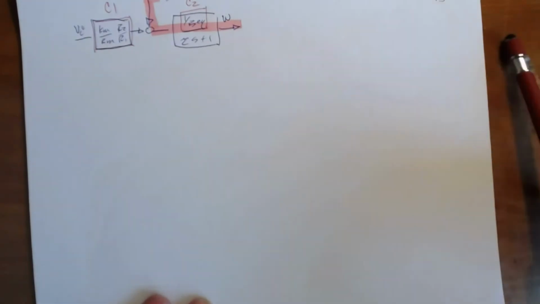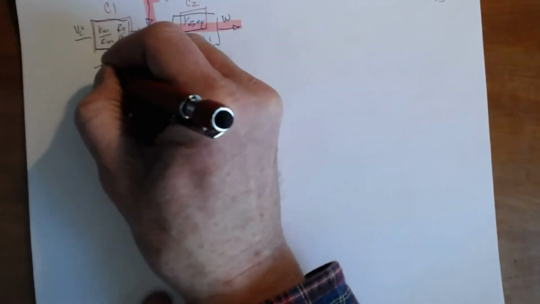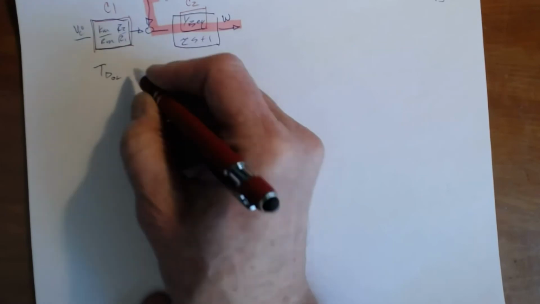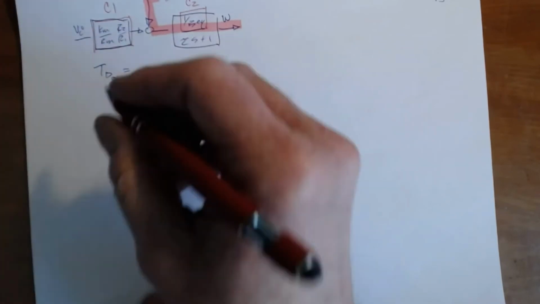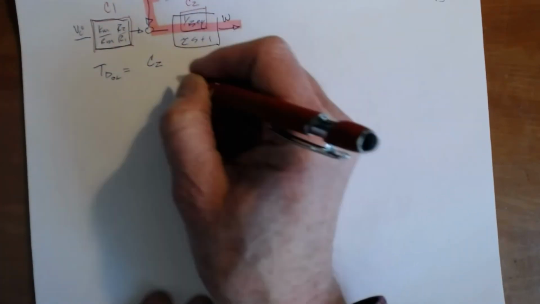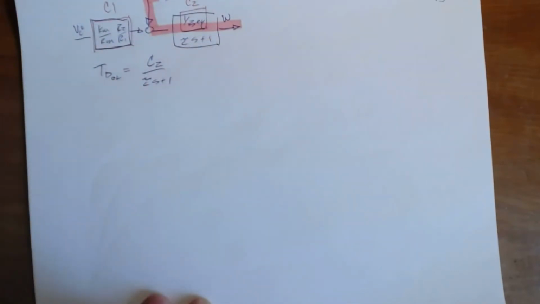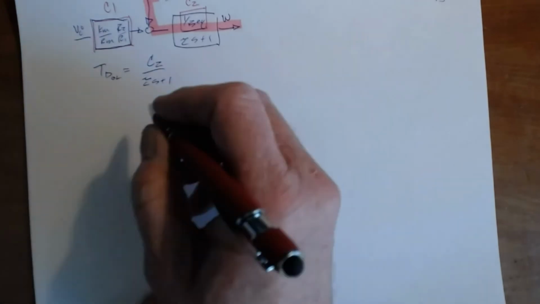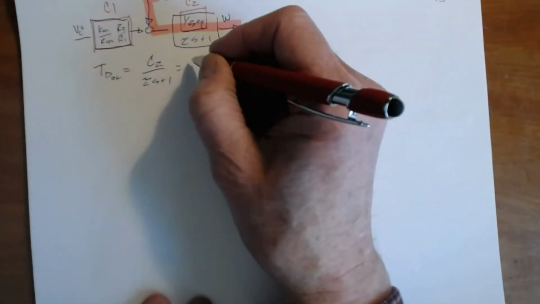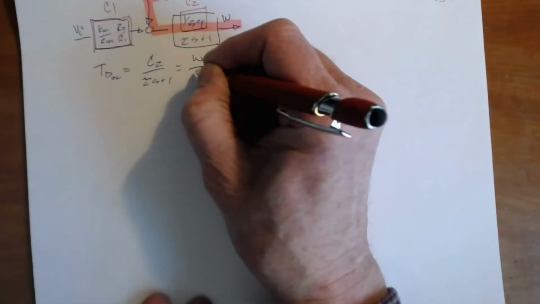I'm going to call this T sub D open loop. The disturbance open loop control system is just C2 over tau S plus 1, where this is omega as a function of D.